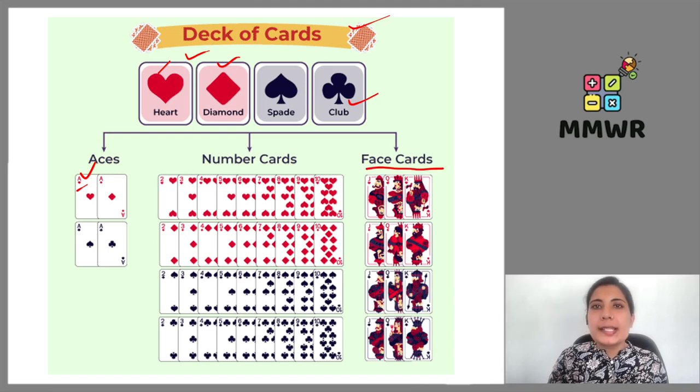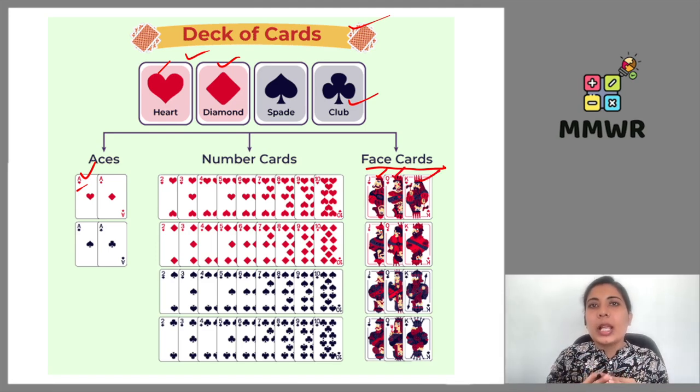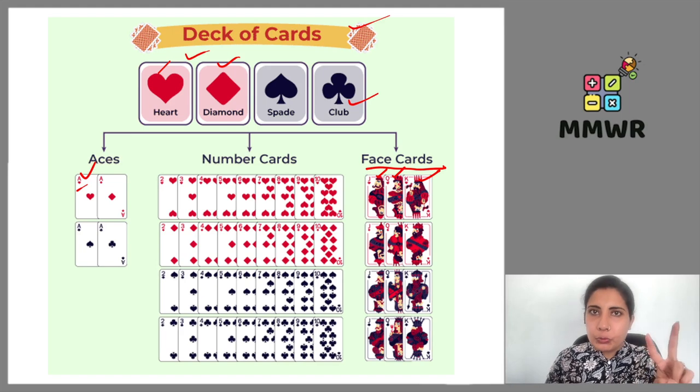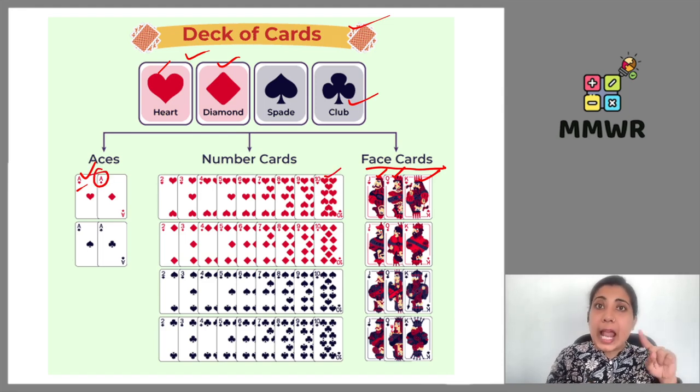Then face cards are there: J, Queen, King. In between ace and J, Queen, King, we have the number cards starting from 2 onwards. 2, 3, 4, 5, numbers are written on the card till 10. On the ace, the number is not written, that is A, alphabet A is written, Ace card we call it.